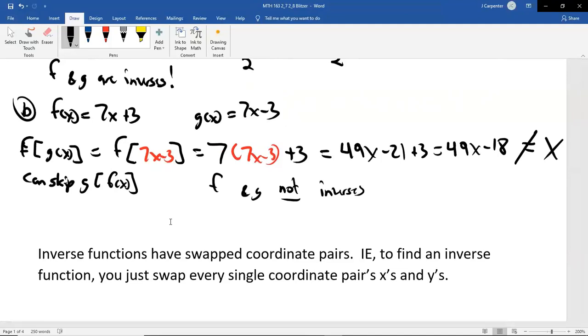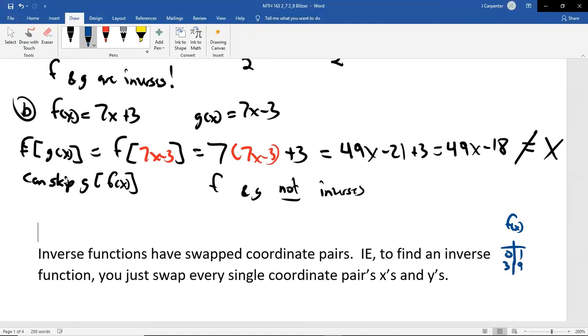All right, so inverse functions, as I briefly mentioned earlier, have swapped coordinate pairs. In other words, to find an inverse function, not me giving you two functions and asking are they inverses, me just giving you an original function, just one of them, you can find its inverse by swapping every single coordinate pair's x and y's. So what I'm saying here is, let's say your f of x was just denoted by this table of values, 0, 1, and 3, 9. That's the entire function.